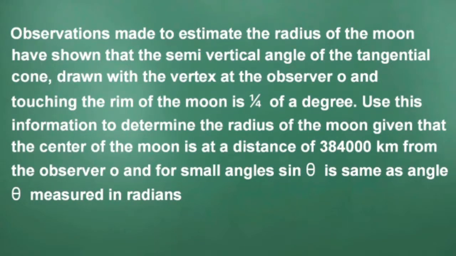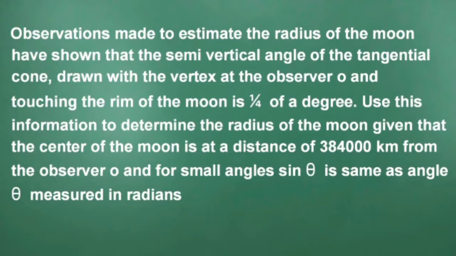Observations made to estimate the radius of the moon have shown that the semi-vertical angle of the tangential cone drawn with the vertex at the observer O and touching the rim of the moon is 1/4 of a degree.